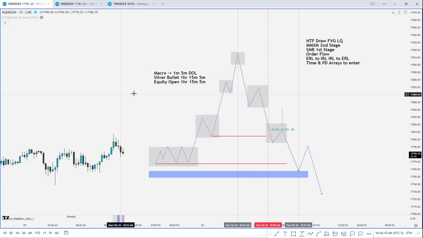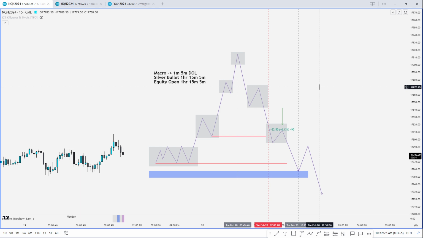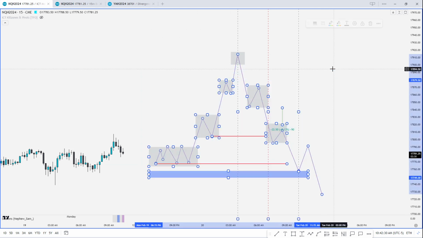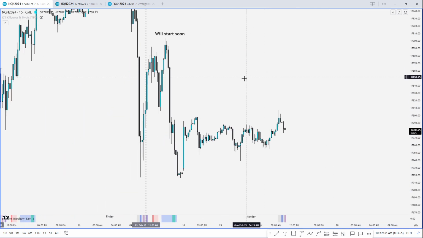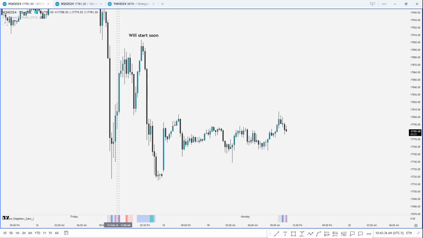And are we anticipating an ERL run? Have we seen the IRL liquidity sweep? Obviously vice versa. And then we'll be using our liquidity pools and time to enter. So we'll go into the charts and we'll show you a macro example. But the main focus of the model is we're going to be looking at more of the 930 liquidity sweep and how to trade that.